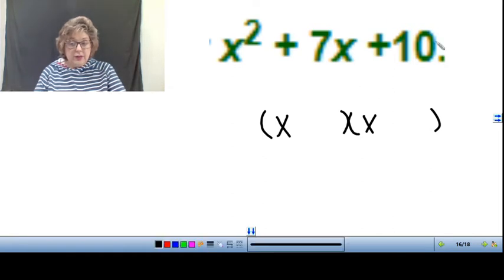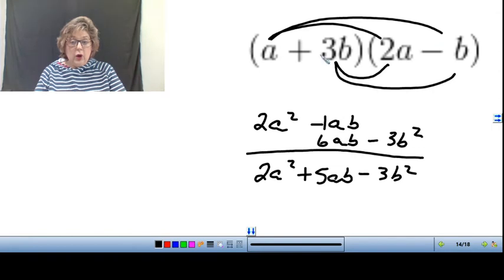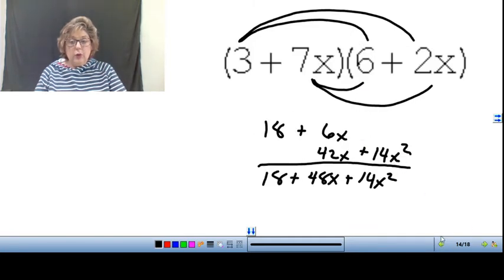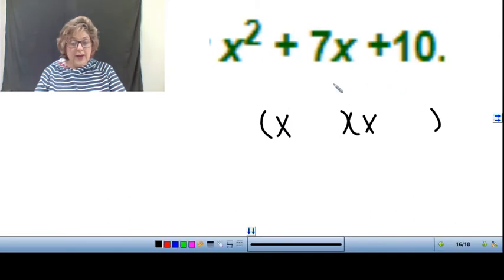I know this last one is always going to be what I multiplied this times this. If you notice, 3b times b was 3b squared, and that was my last term here. When I multiplied 7x times 2x, I got 14, and that was my last term here.